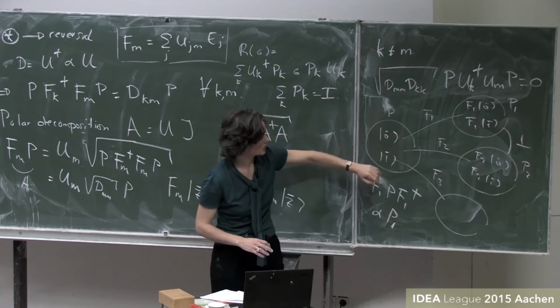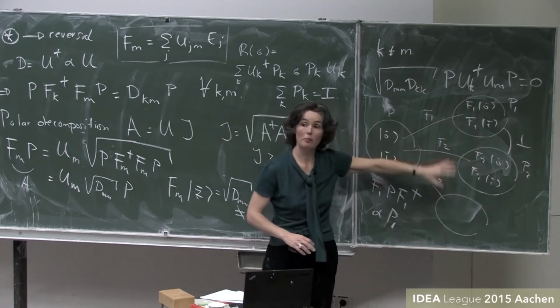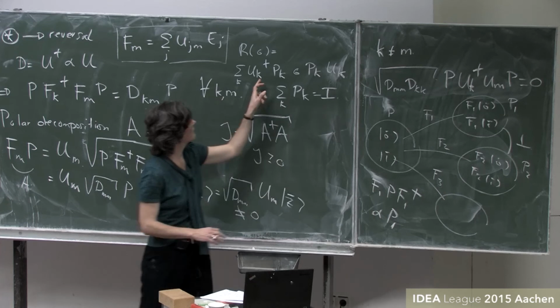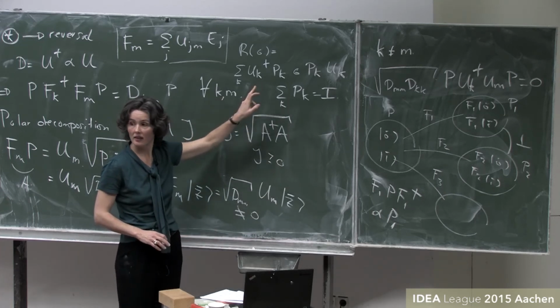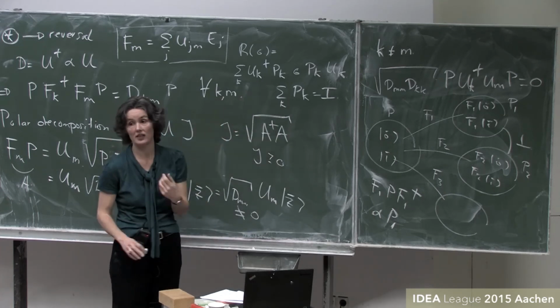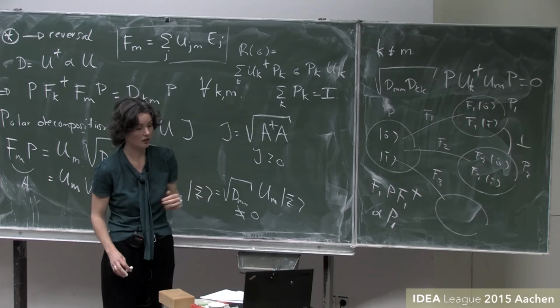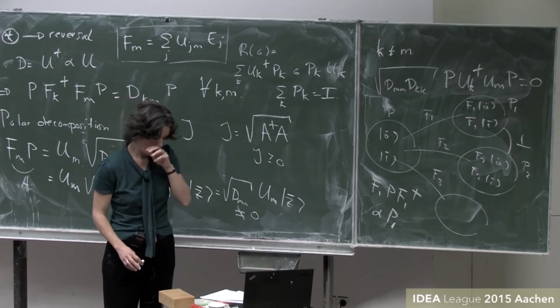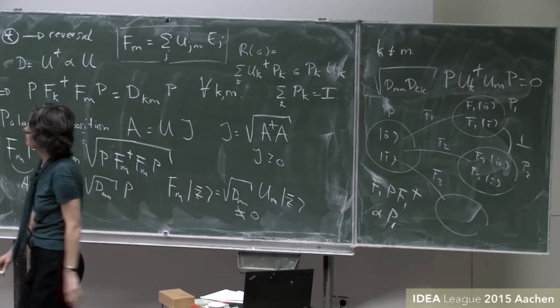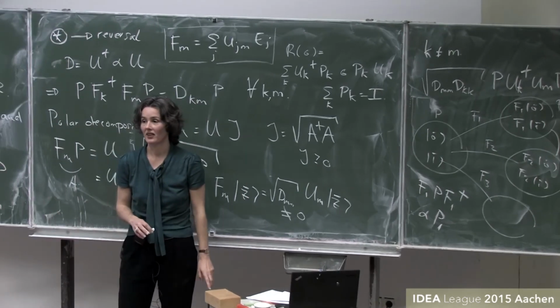So I project onto certain error spaces if Pauli errors have happened. And then my unitary transformation, if a Pauli error has happened, is always a Pauli, right? Because if a Pauli error has happened, I can undo it by another Pauli.